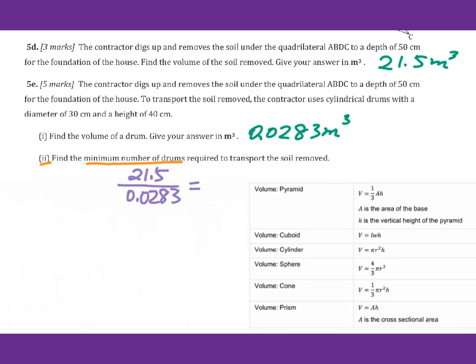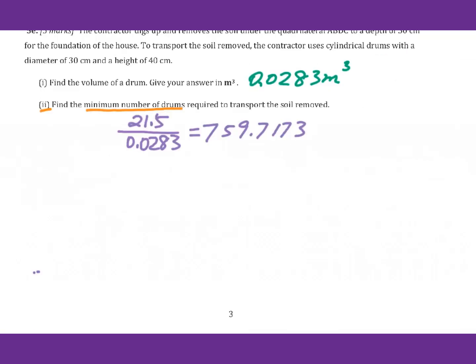Since the minimum number of drums has to be an integer, a natural number, you will get 760. This will be the answer.